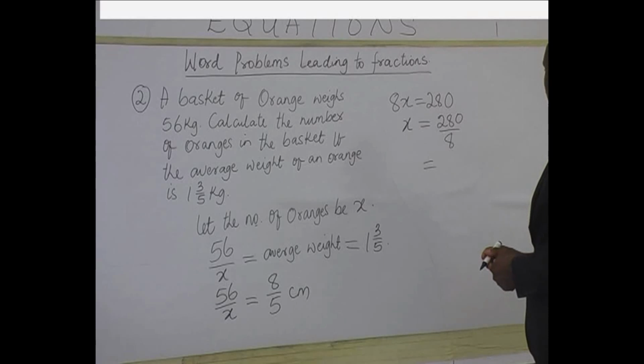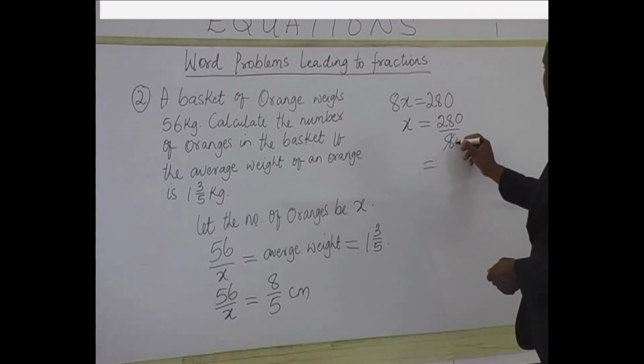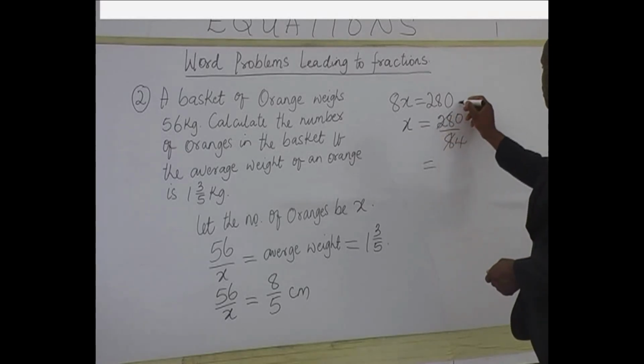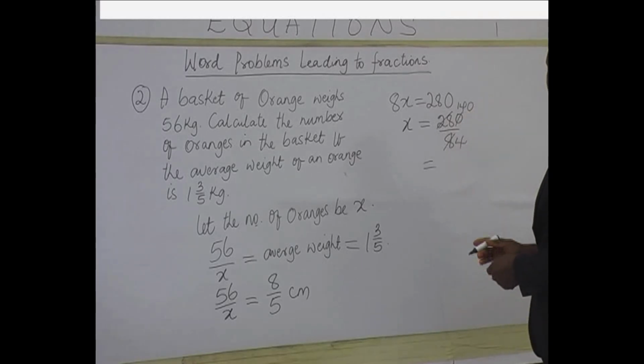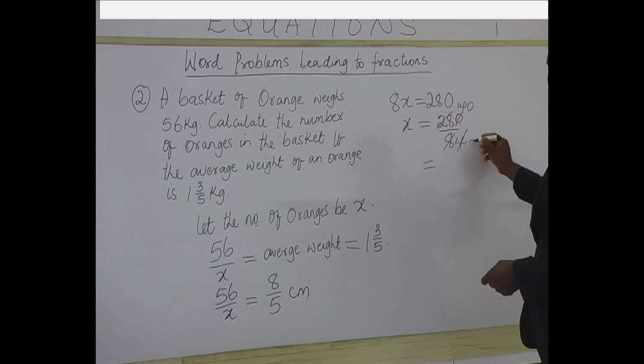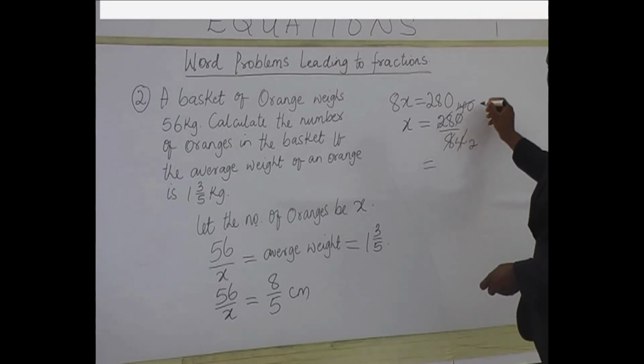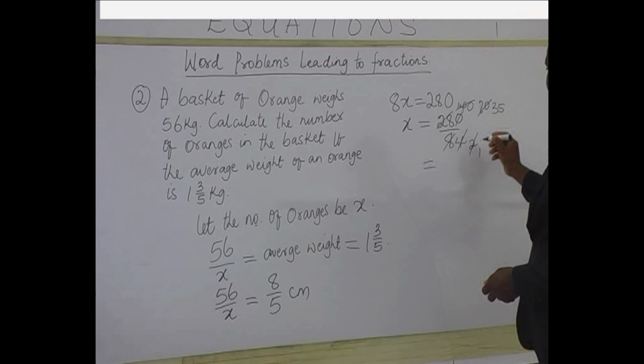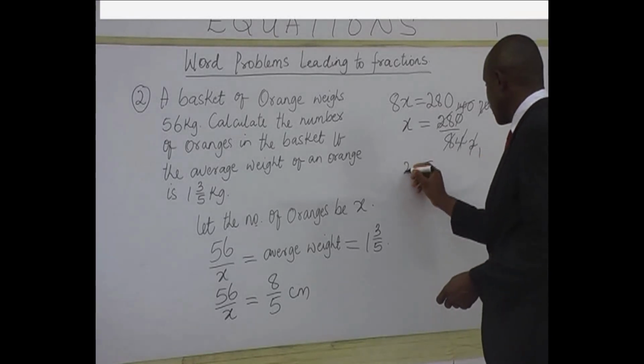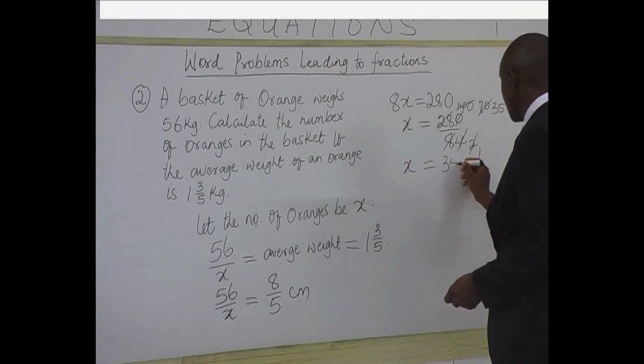You can divide out. 2 can divide 280 to give you 140. 2 can go again, 2 divides 140 to give you 70. 2 can still divide, you have 35. That means x has the value of 35.